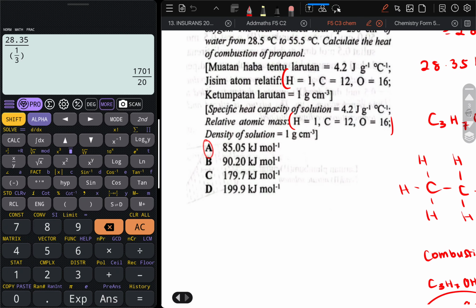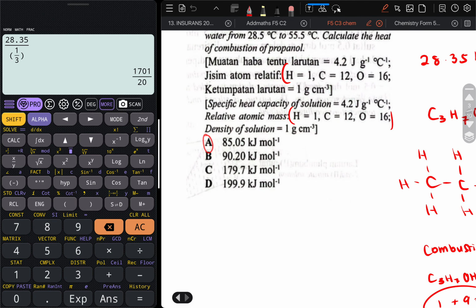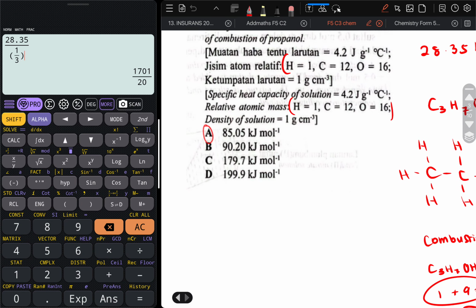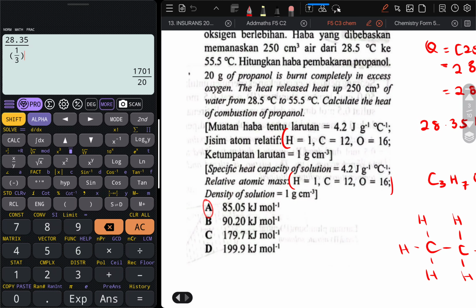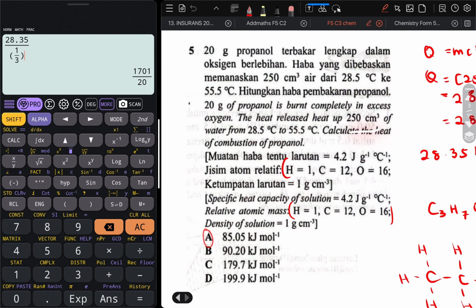If you're trying to find the heat of combustion, you don't need the negative, because the negative is just to show that it's an exothermic reaction. So if you want to prove that it's an exothermic reaction, you include the negative. In this case, the question only wants the heat of combustion, therefore you don't need the negative sign.